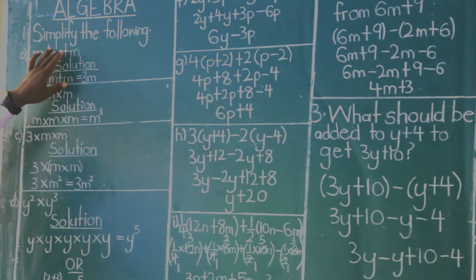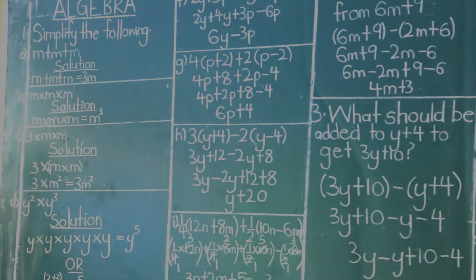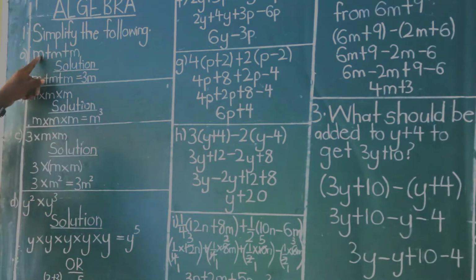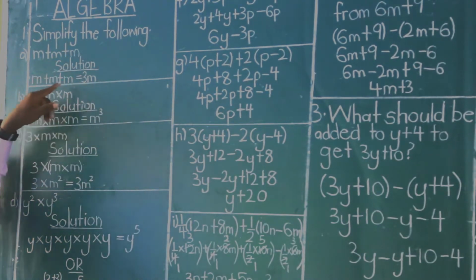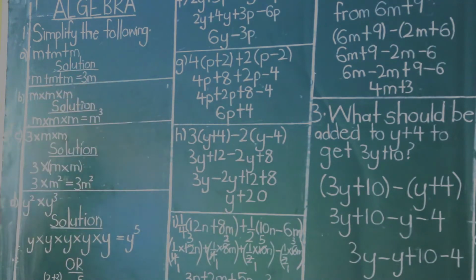In addition, it is accumulation of things, collection of things together. So here you just count the m's, that is 1, 2, 3. That's why the solution says m plus m plus m is equal to 3m. So we have simplified.